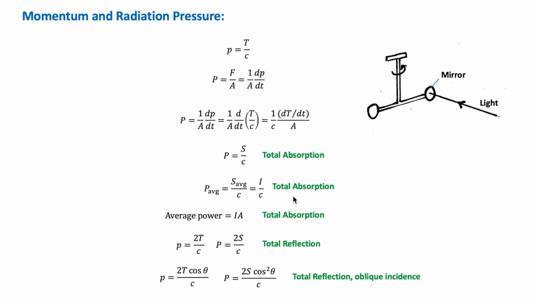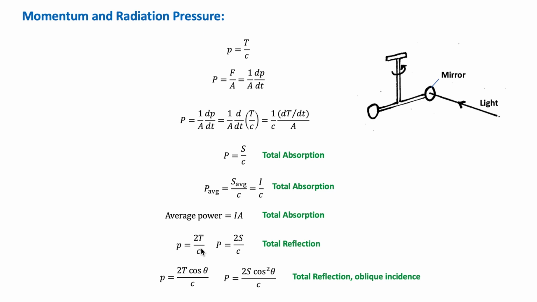We also can find the average power delivered to a surface of area A, because S average is power per unit area, so the average power is equal to I times A. Also, if the surface is a perfect reflector, then for normal incidence, the momentum delivered in a time interval delta t is twice that for a perfect absorber. So the momentum delivered for a perfect reflector is 2T over c.